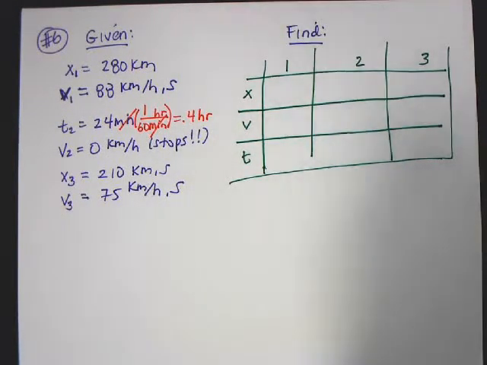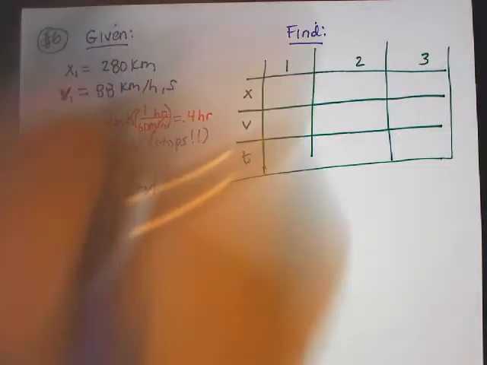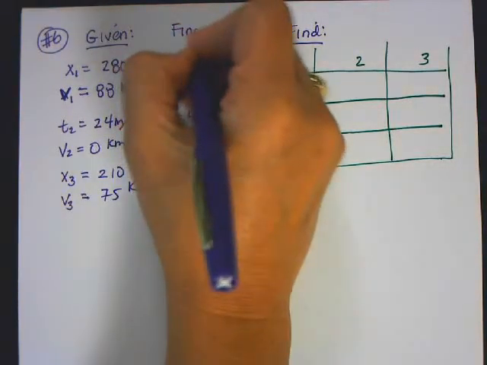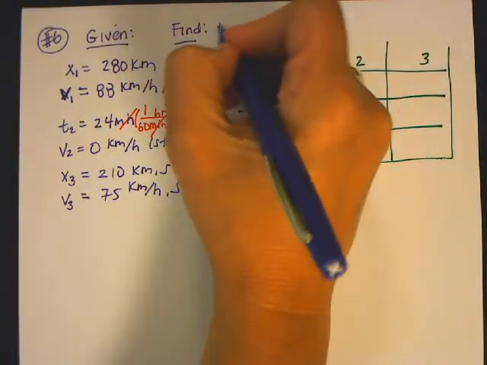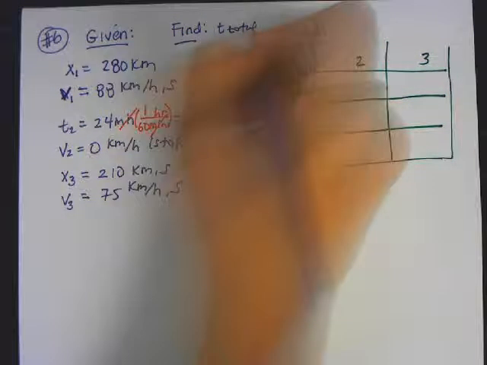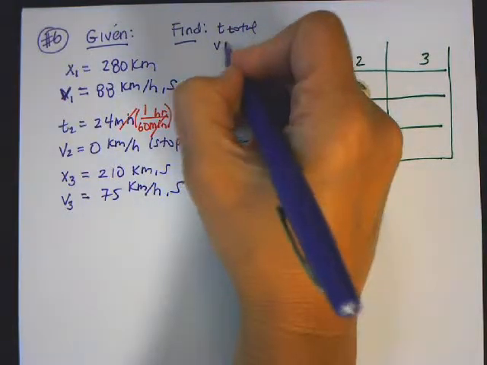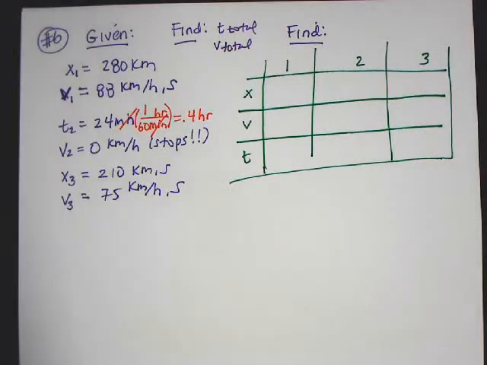Okay? Because the question now asks me to find the total time, which would be T total. And then it also says to find the next part, what is the average velocity for the whole entire trip.